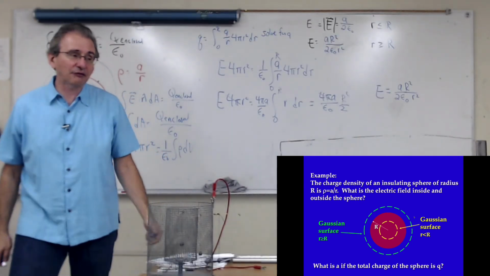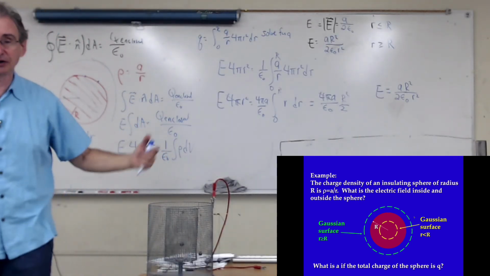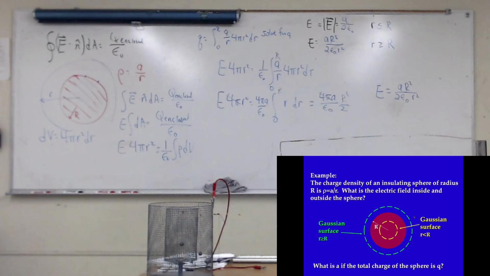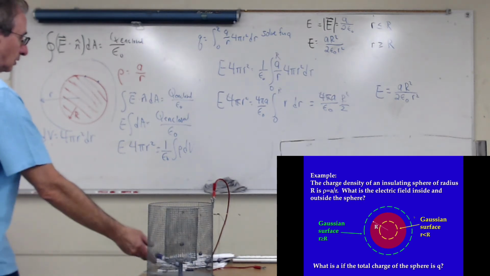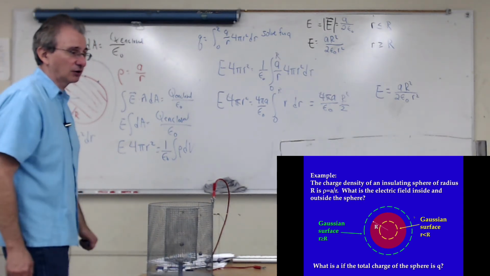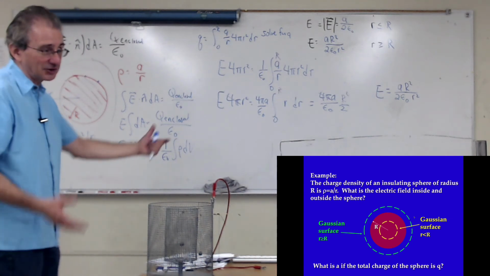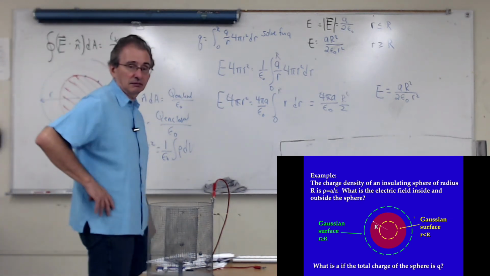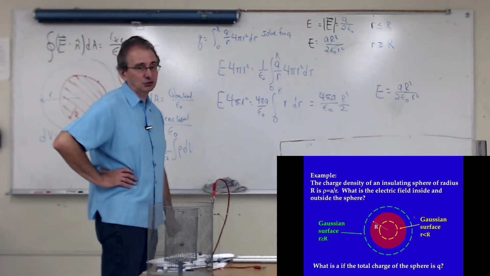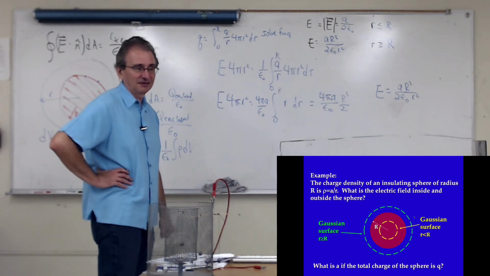You have to get that because when you're outside, that sphere looks like a point charge. So that's a good exercise for you to try. You should do that at home. In fact, I expect you to do that at home, okay? Because you might see a problem like this on the exam. Because I do ask problems like this on the exam, okay?